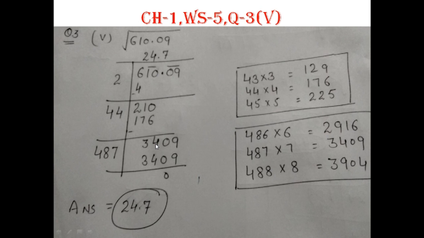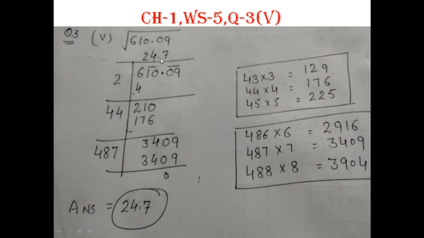Now you know that we have to bring this pair down with 34, and this number is after the decimal. So now we will mark the decimal here, because we are going to use this number after the decimal.